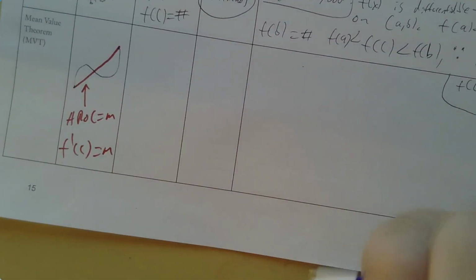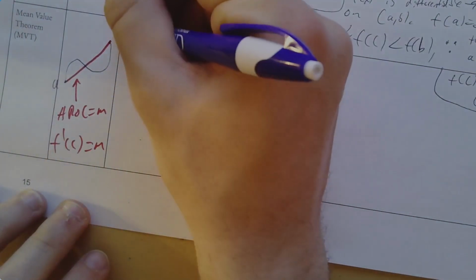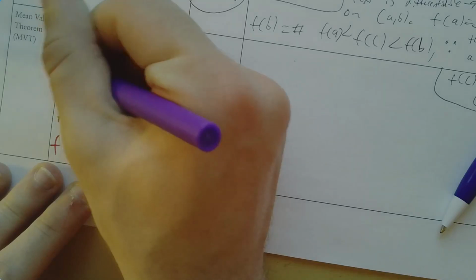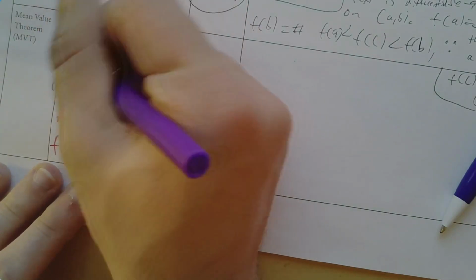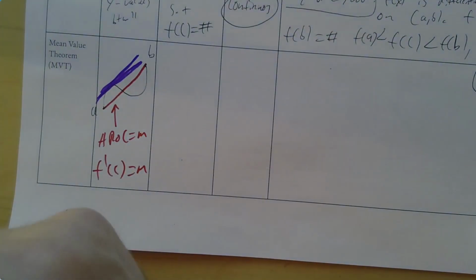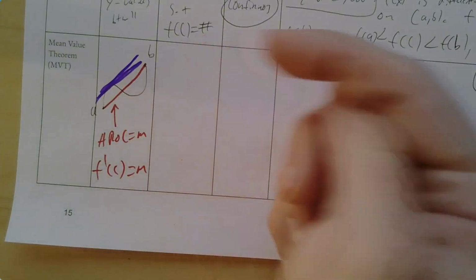So if this is your A and that's your B, there must be another slope. Pretend those are parallel. There must be a tangent line that is parallel to that average rate of change.